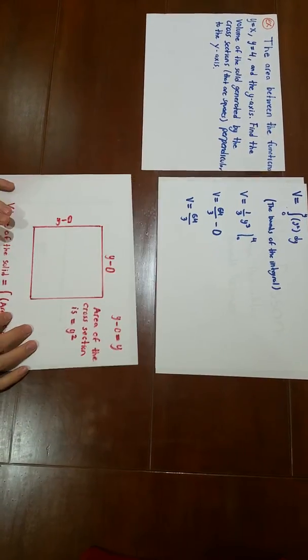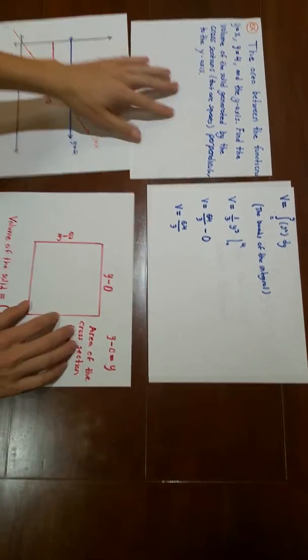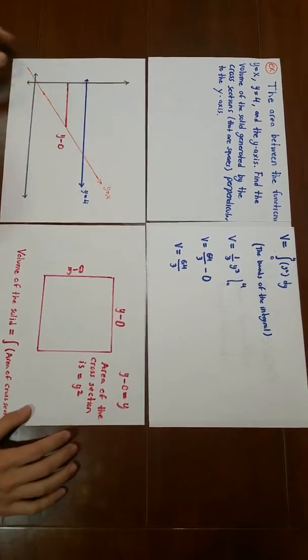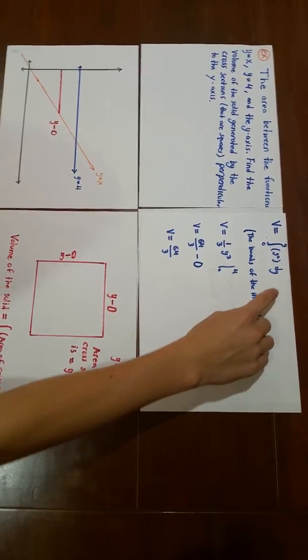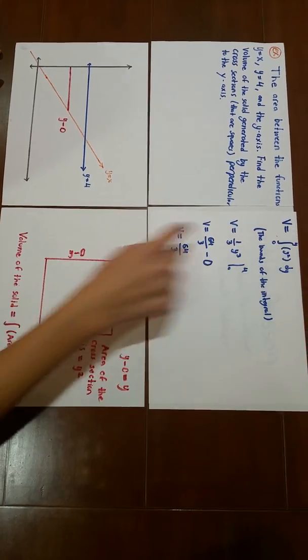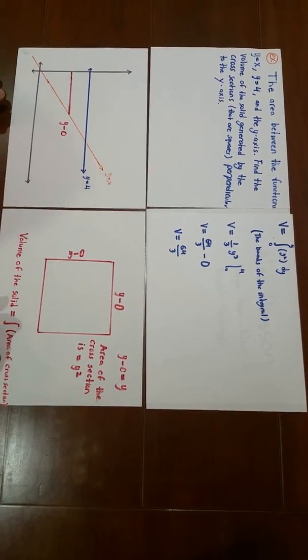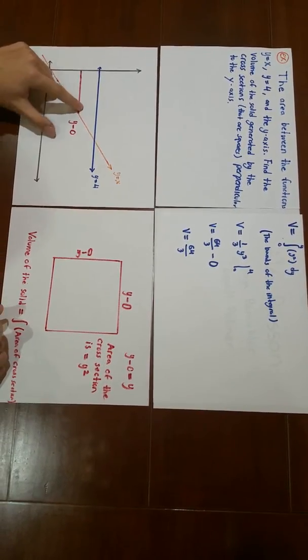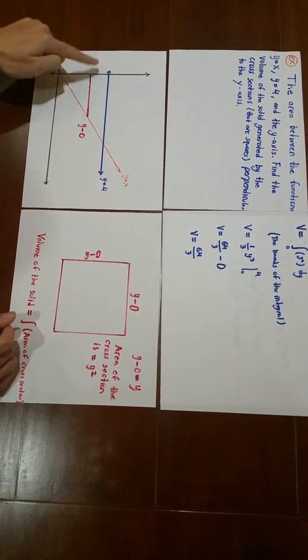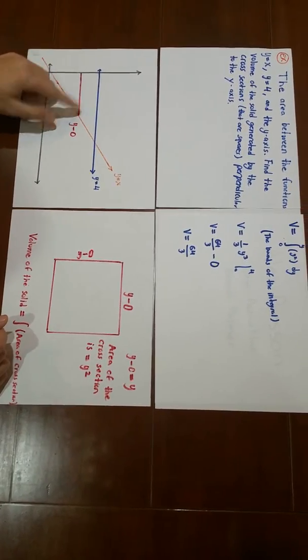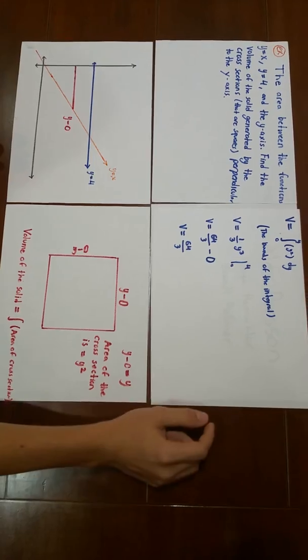Now, if we wanted to represent that algebraically, the volume is the integral from 0 to 4 of y squared, which represents the area of any cross section.